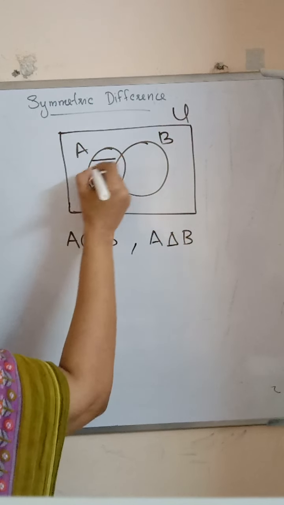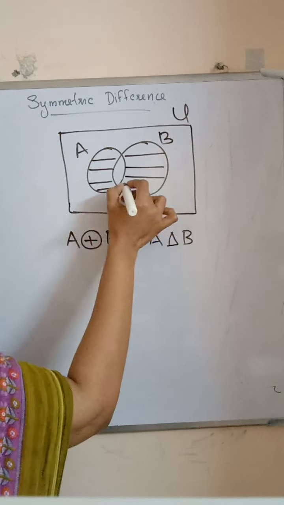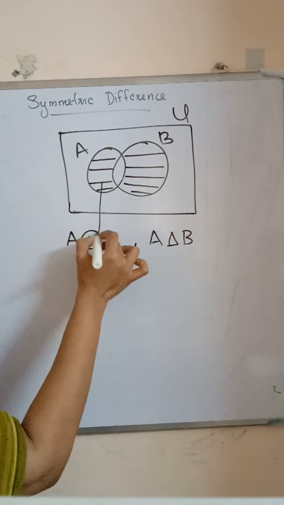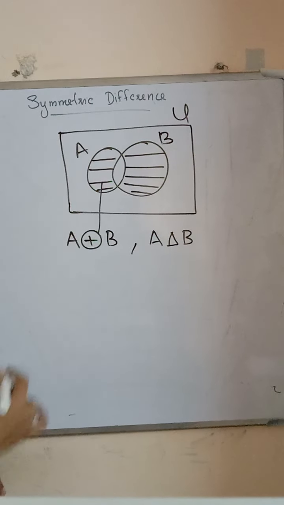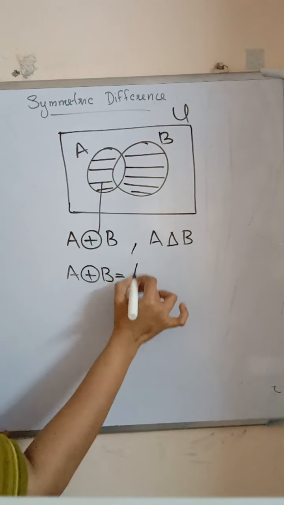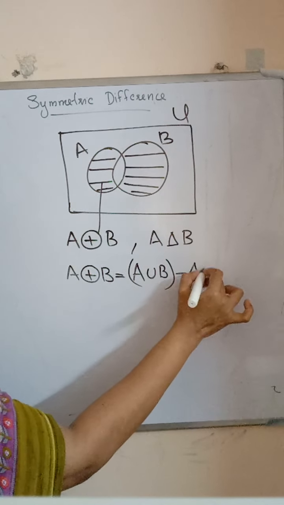That is, the shaded portion is like this. This shaded portion represents A Δ B. So A Δ B can be defined as (A union B) difference (A intersection B).